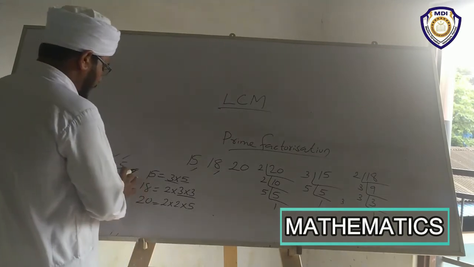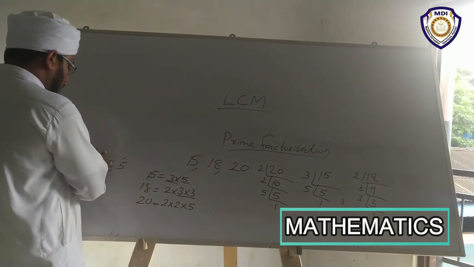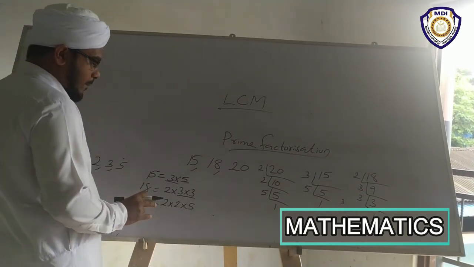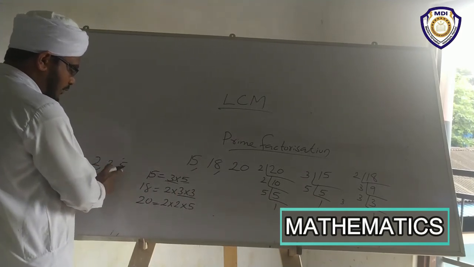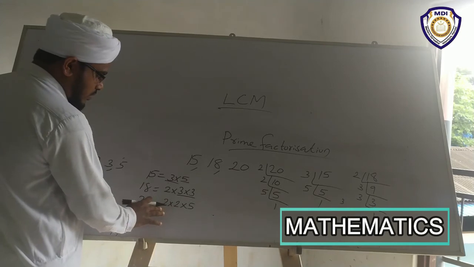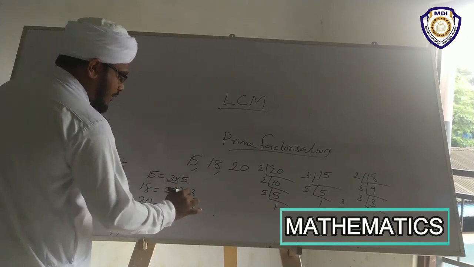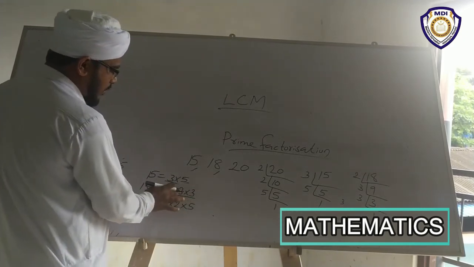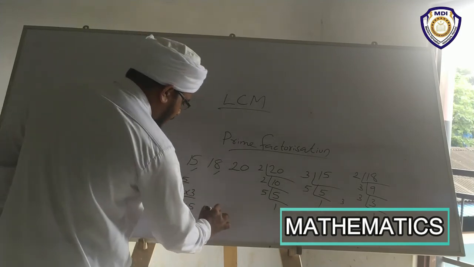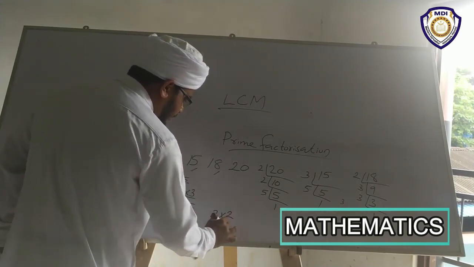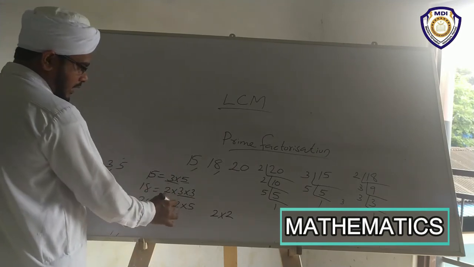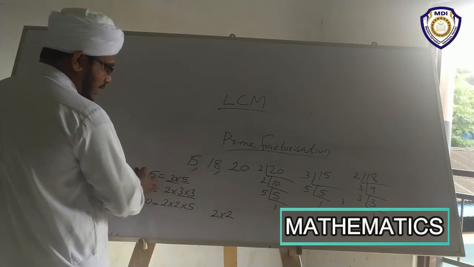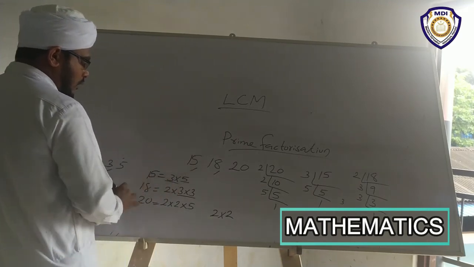Next step, there are 3 prime numbers: 2, 3, 5. Here 2 times, then we will take this 2 because here only one time, here no time. Then 2 into 2. Okay, next 3: here no 3, here two 3s, here one 3.